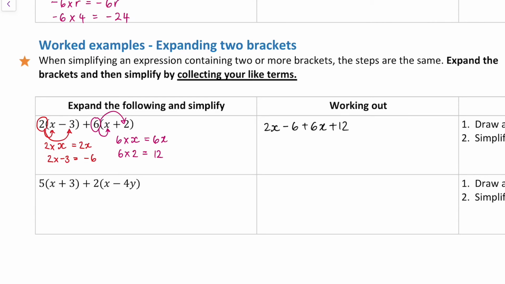So now what I'm going to do is collect my like terms and rearrange the expression so that the like terms are together. And this will help me to simplify it accurately too.